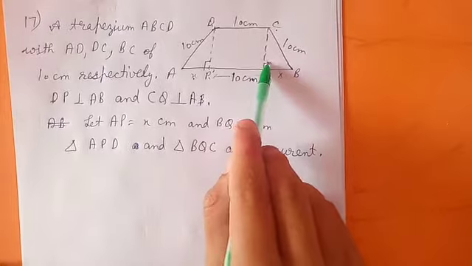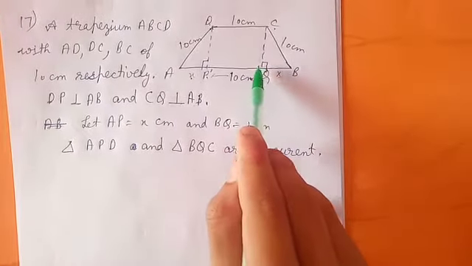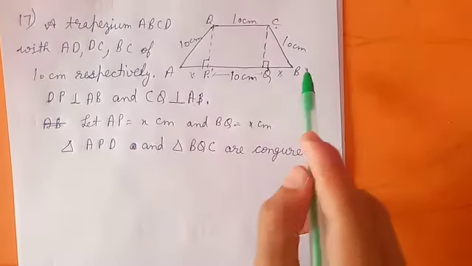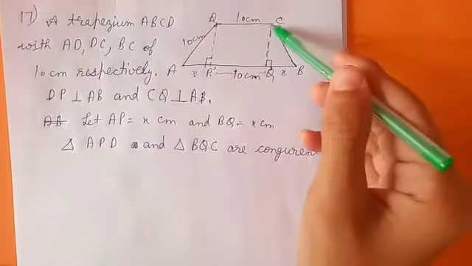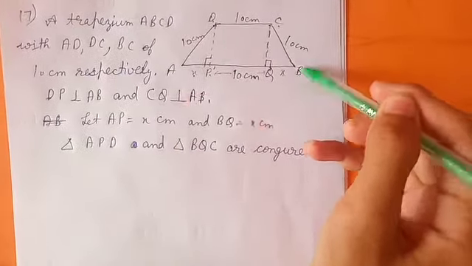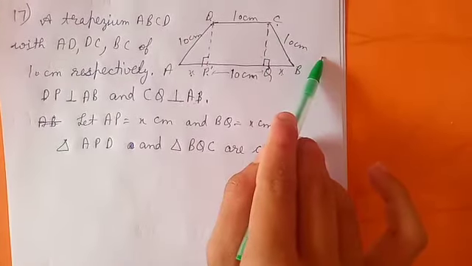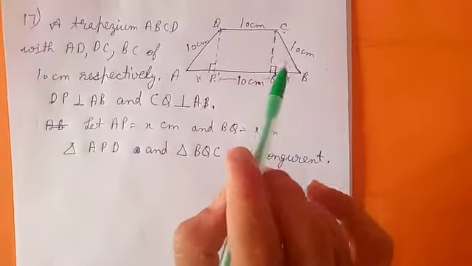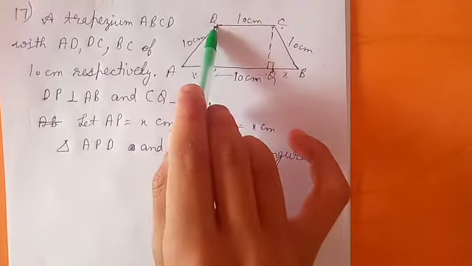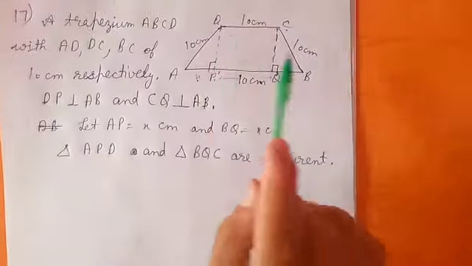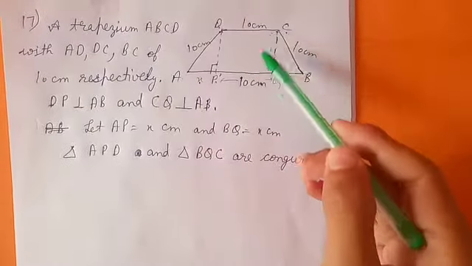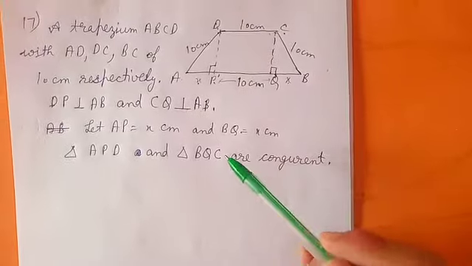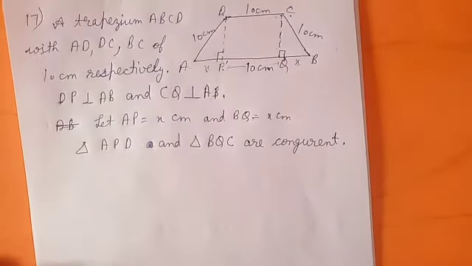One of our angles is 90 degree, and one of the sides is 10 centimeters in both. Also, as in a trapezium AB is parallel to DC, the distance between them will also be the same. Now we can prove how this is congruent.